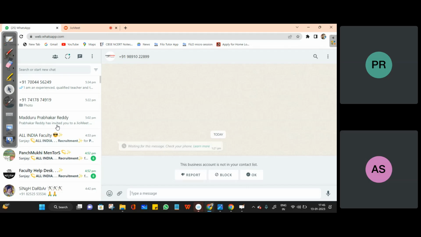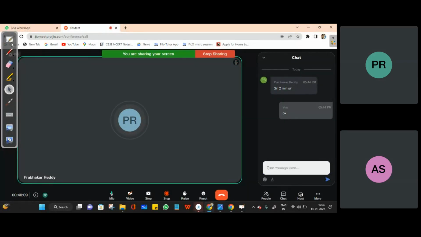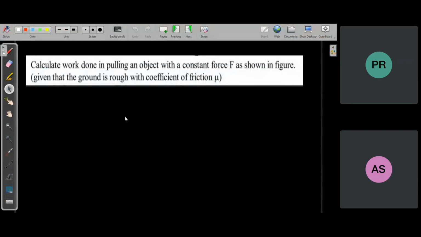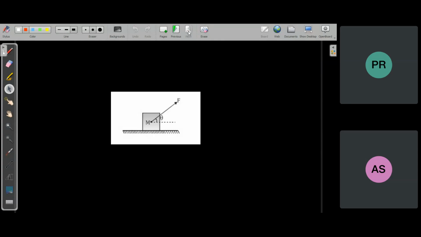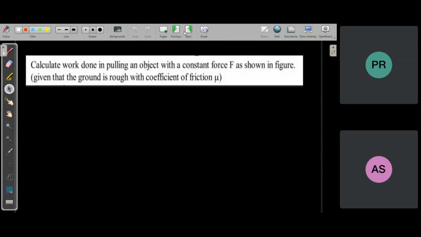Sir, we cannot find the displacement in this case. I think some data is missing in this question.